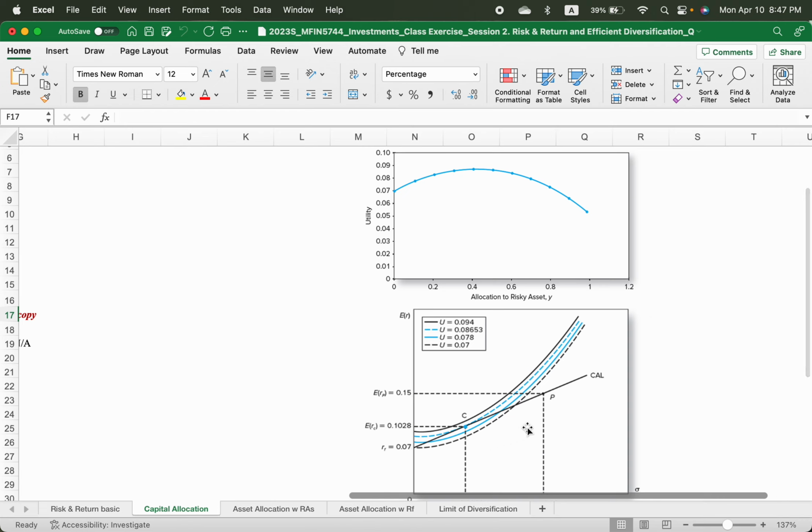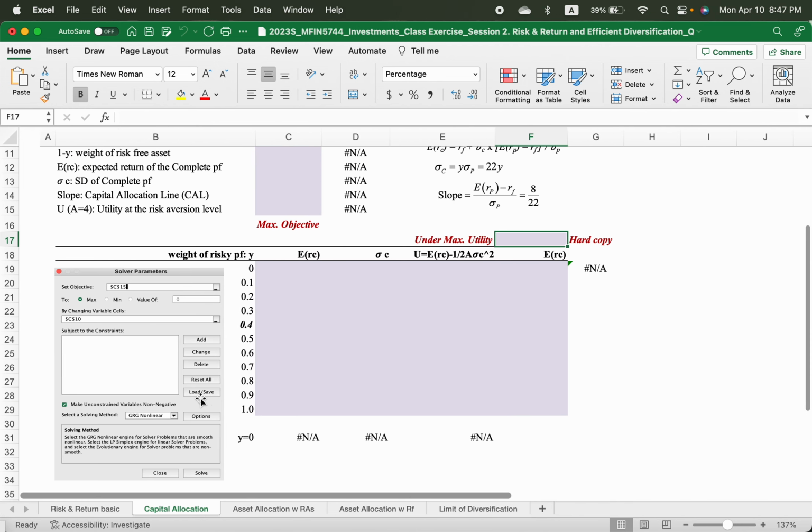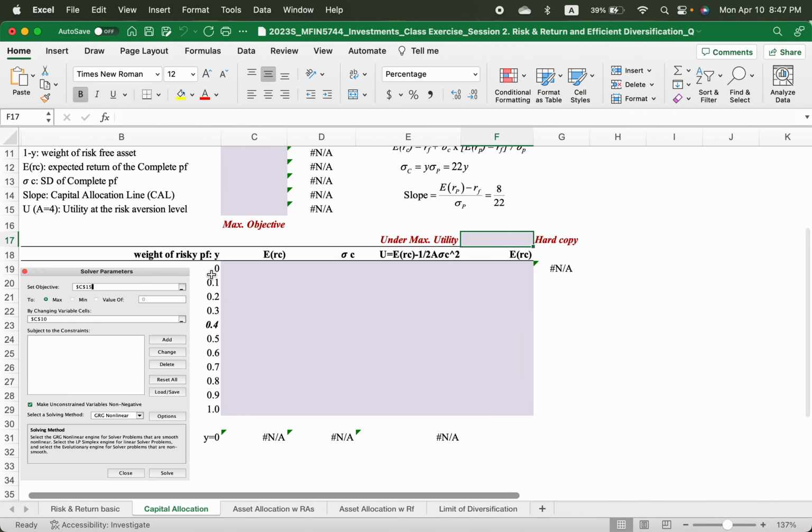The goal of this exercise is to find the maximum level of the utility curve, and we'll draw this utility curve that makes a tangent to the capital asset allocation line. So the first exercise is now to find the weight.